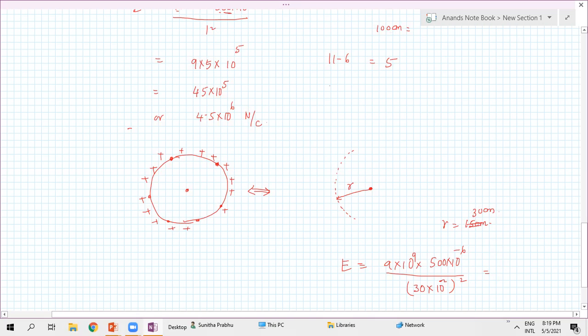Chaitri has already chatted some answer. Is it 5 into 10 to the power 7? Correct. Yes, sir. This is going to be 5 into 10 raised to 7. Always remember the unit Newton per Coulomb.